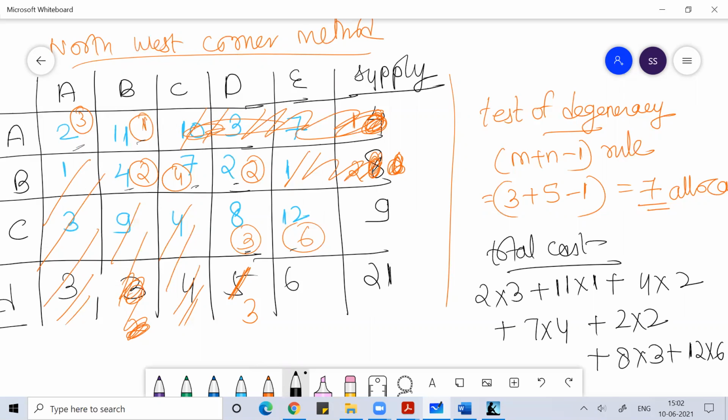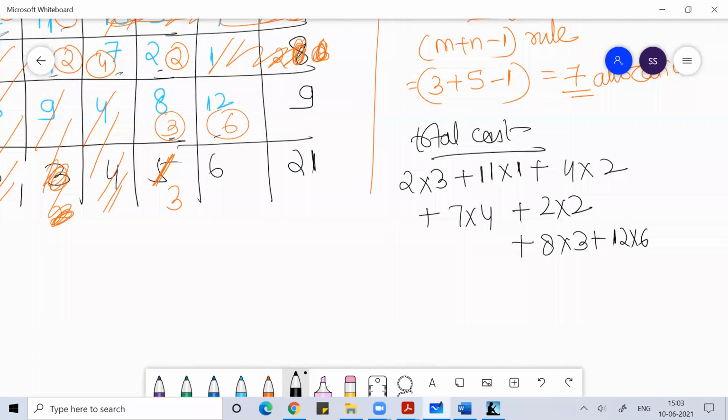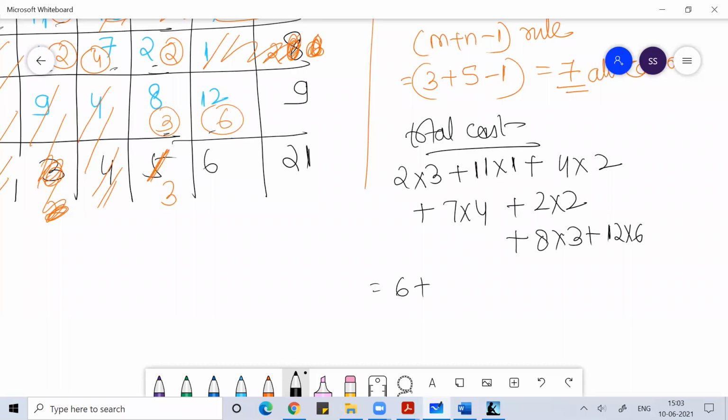This is the total cost. 1, 2, 3, 4, 5, 6, 7. So the total cost is 6 plus 11 plus 8 plus 28 plus 4 plus 24 plus 72. Clear?